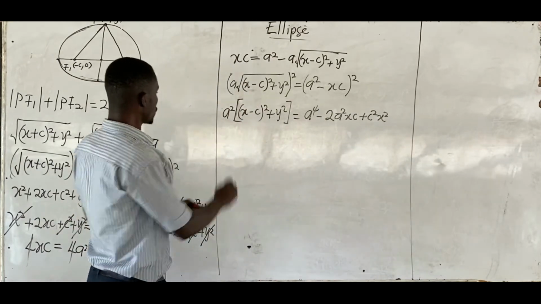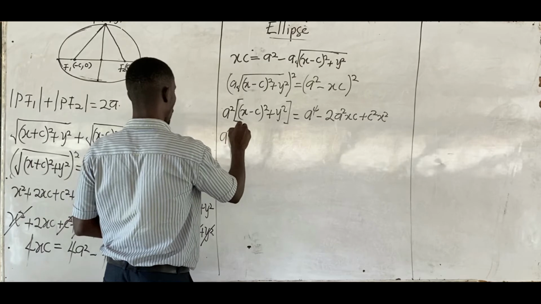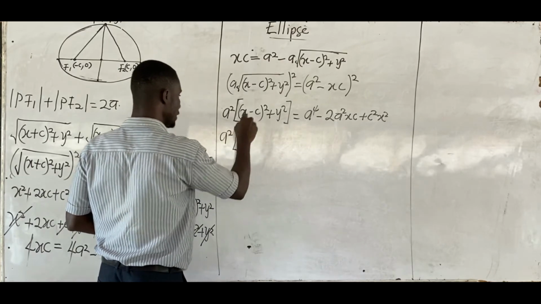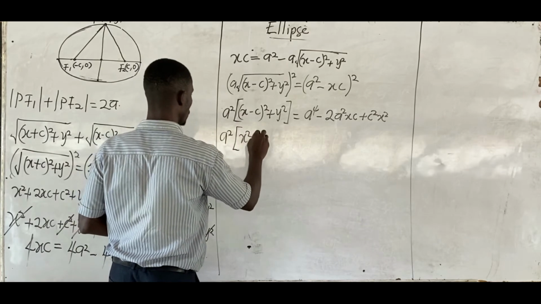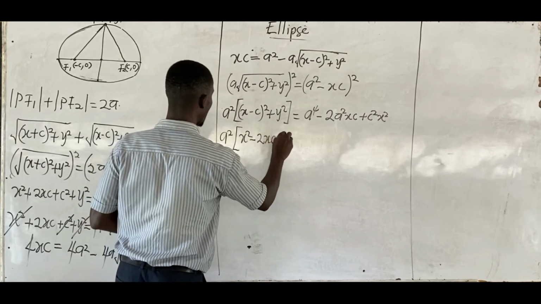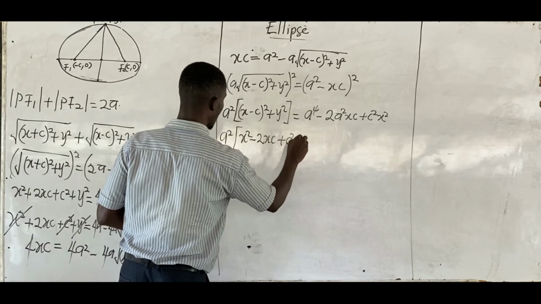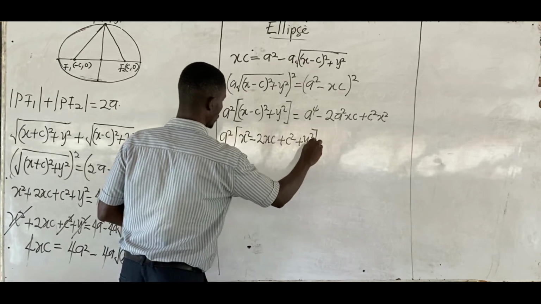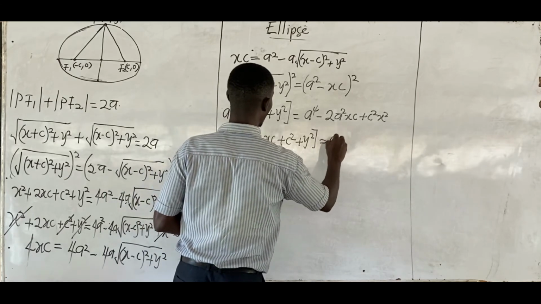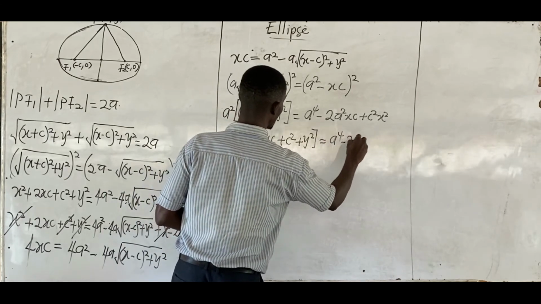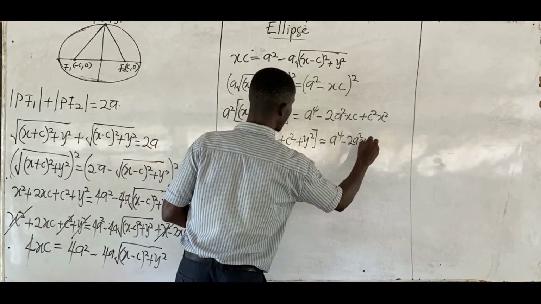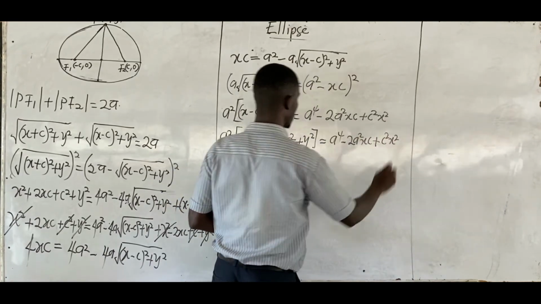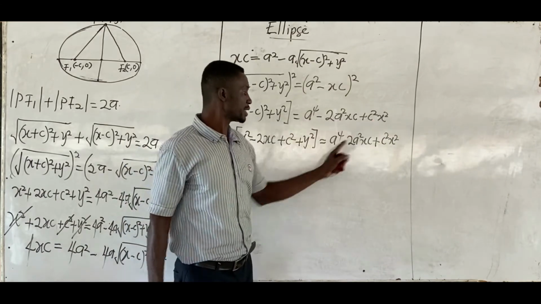Then a squared here will multiply. Expanding this will give us x squared minus 2xc plus c squared plus y squared, which is equal to a to the power 4 minus 2a squared xc plus c squared x squared. As for this one, nothing has been done to that side.